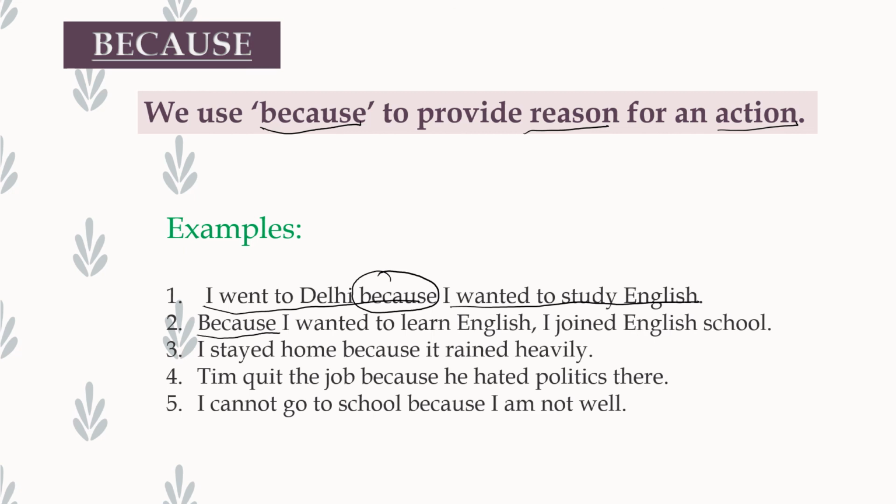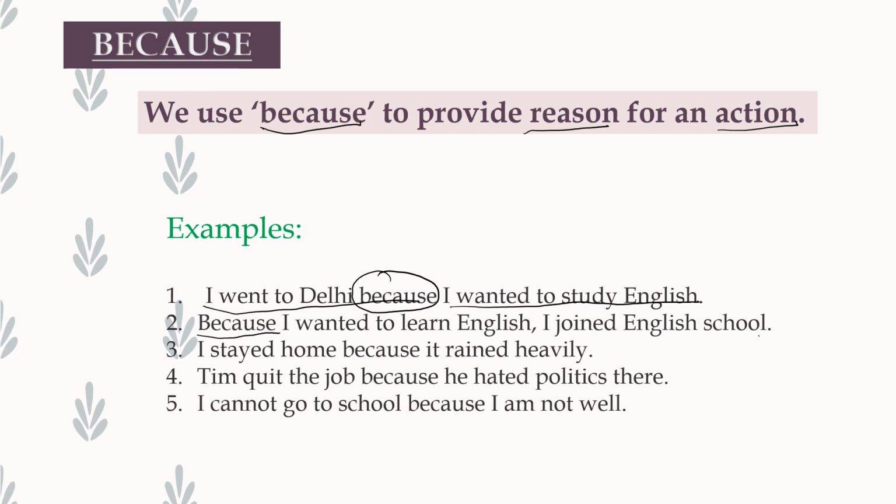So it says, because I wanted to learn English, I joined English school. It could also be written as, I joined English school because I wanted to learn English. Again giving the reason why he joined English school: he joined English school because he wanted to learn English.